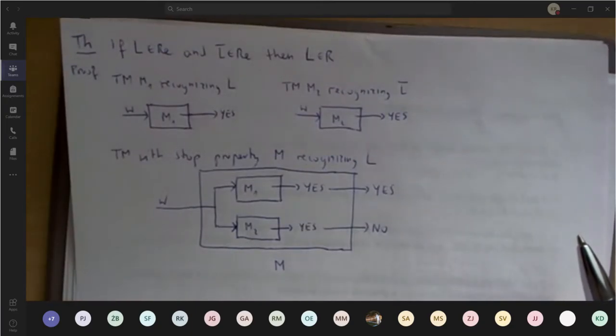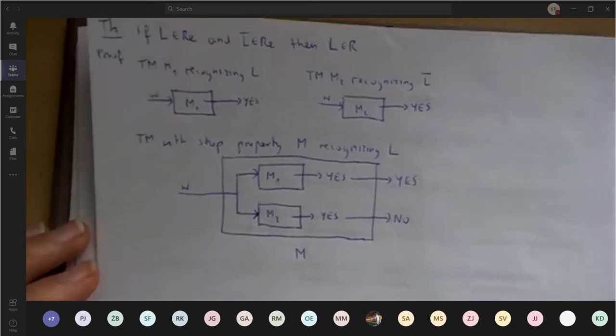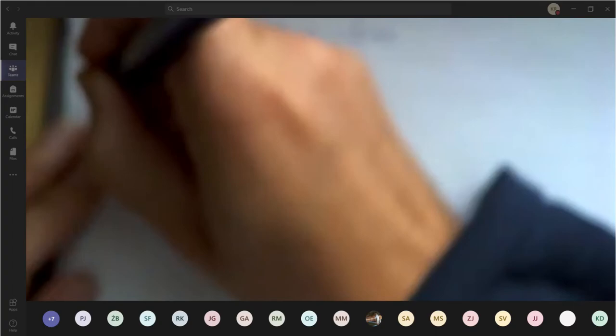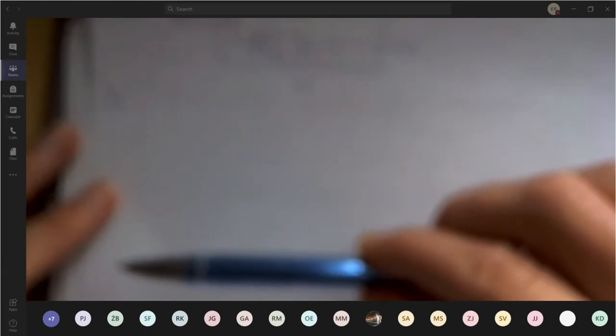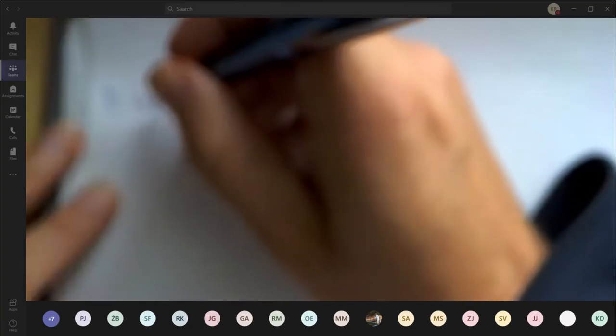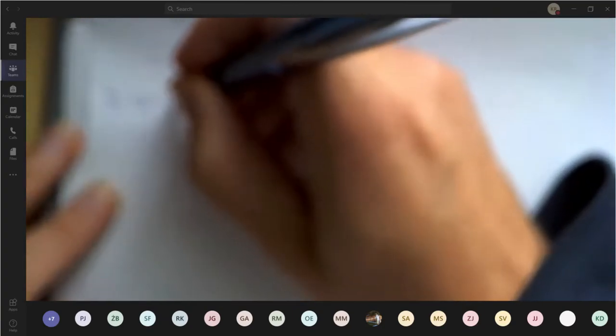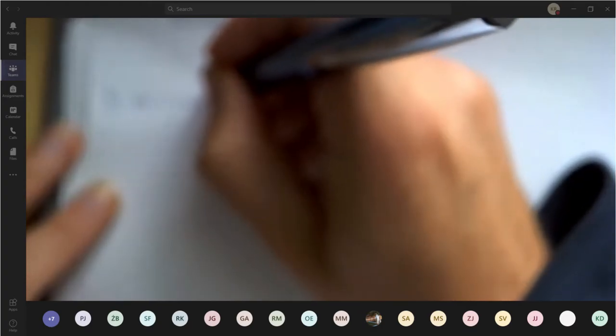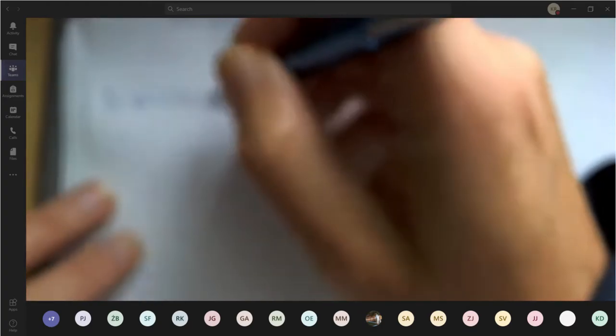Okay, so from these theorems we have proven, we can get the following corollary. I will also call it theorem, but this is just a summary of what we have done. So let us consider some language L over the binary alphabet.